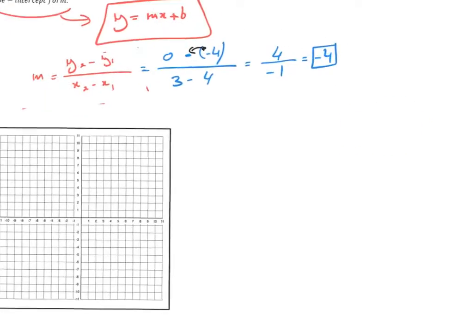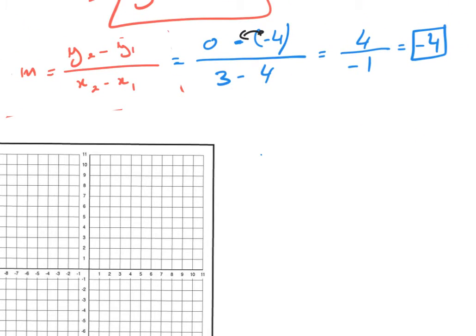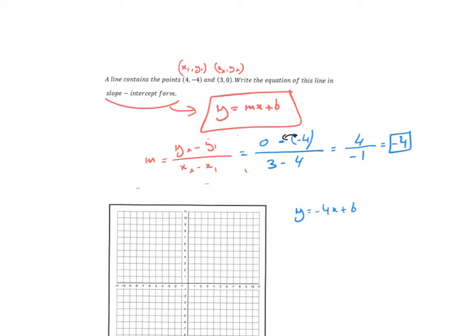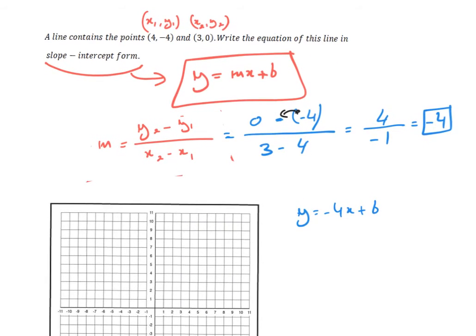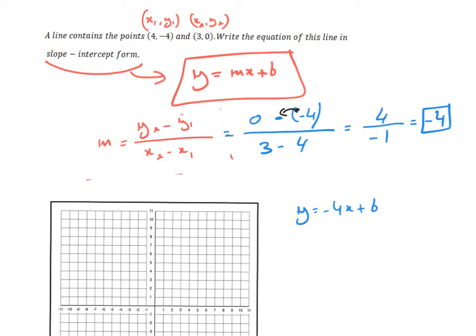And m, the slope, will be negative, right? So now I have the equation of the line with the slope, which is -4x plus b. Now I need to find b. Well, we can choose one of the 2 points that we have, (4, -4) and (3, 0), and substitute x and y with that point.